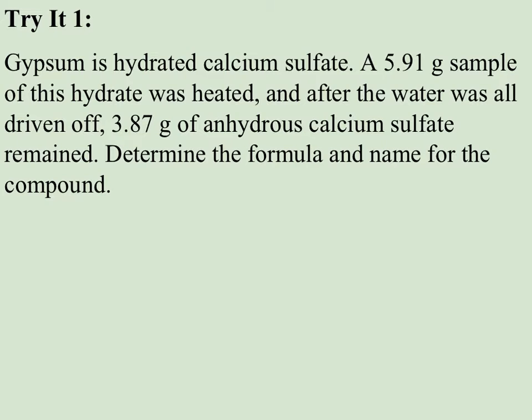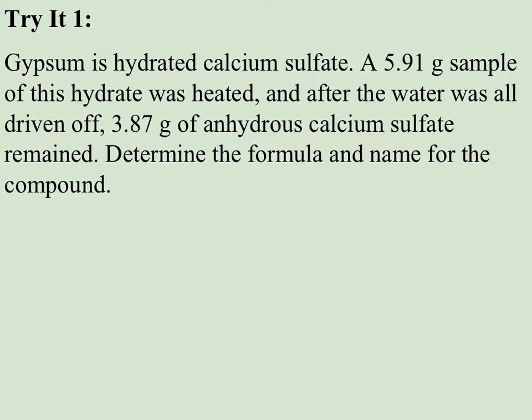So first thing I need to know is the formula for calcium sulfate. Calcium picks up a +2 charge. Sulfate is SO4 and picks up a -2. So the formula for this is CaSO4. I'm going to need the molar mass for calcium sulfate.